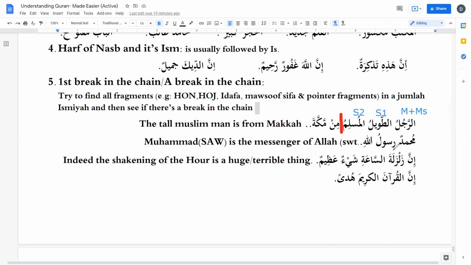And then we have another example, and we are going to find a break in the chain. Muhammadun Rasulullahi. Do you see a fragment over here? Which type of fragment?